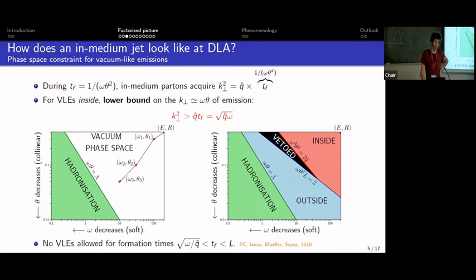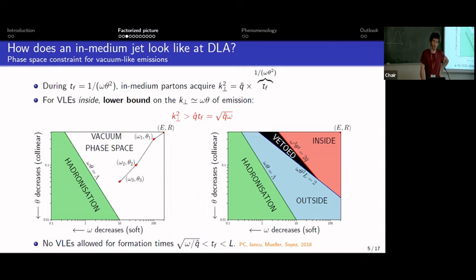But you concentrate on the vacuum-like emissions because that is the part that has the double log. And the part that has the double log is the vacuum part only, the part that doesn't have any scatterings with the medium. So I don't really get why you have that veto region if you're considering just vacuum, independent of the medium, the original shower that you have.